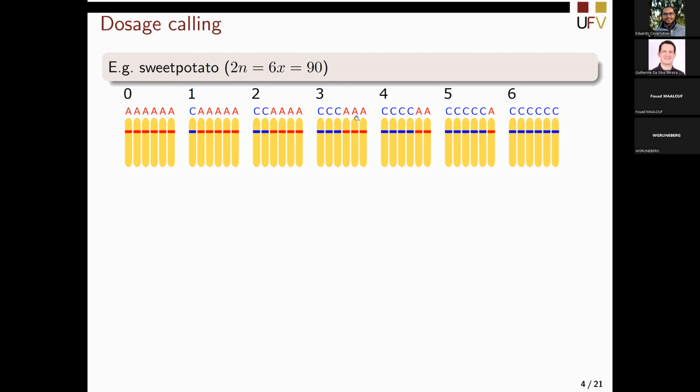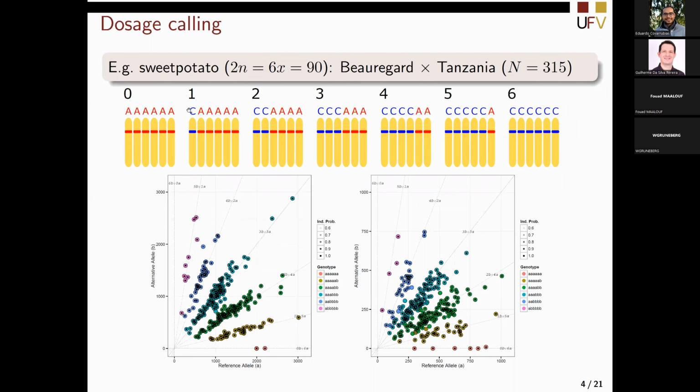So we again increase the number of heterozygous classes, right? And as you can see, the challenge of clustering individuals into these 7 possible classes, right, is bigger because now we have individuals which are fixed for one allele or has one copy of the alternate allele and 5 copies of the other allele and so on, right?